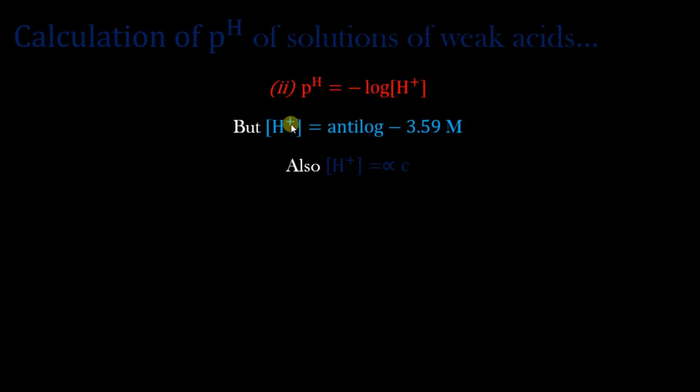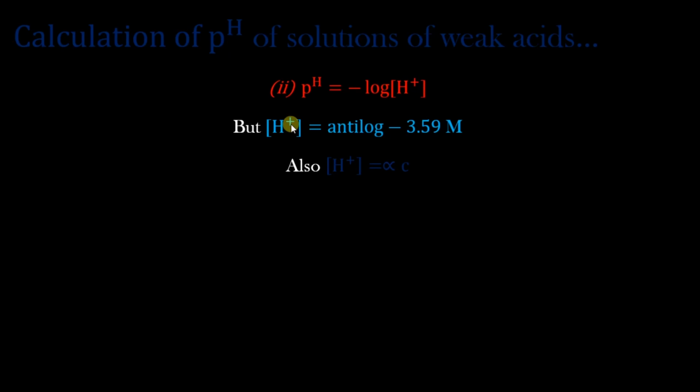Or to simplify things, you could simply punch the value of this antilog of negative 3.59. Let's do that. That is going to be shift log negative 3.59. That would give you 2.57 exponent negative 4 moles per decimeter cubed.